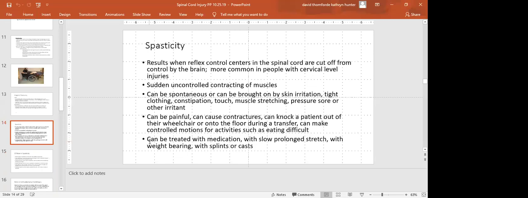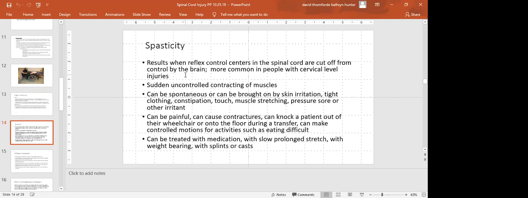Okay. Spasticity. This is another issue that we need to talk about. Again, from a medical point of view, it can be treated by medicine, but OTs have an important role here. What happens with spasticity is that we have reflex control centers in our spinal cord. If we have an intact spinal cord, then we're able to control these centers.